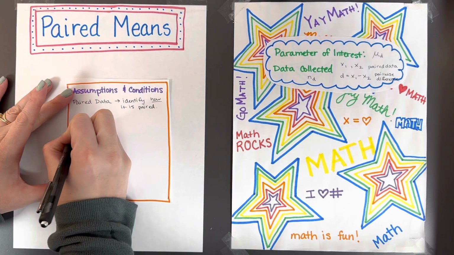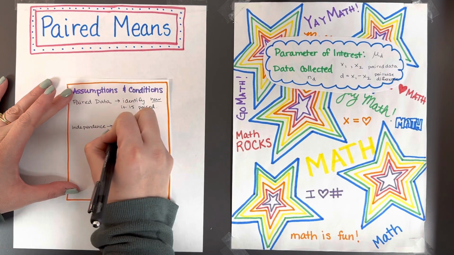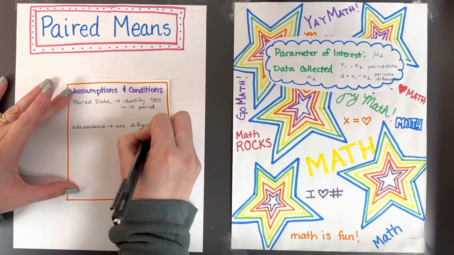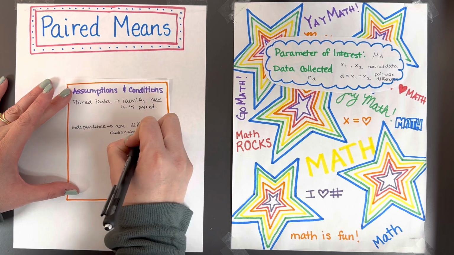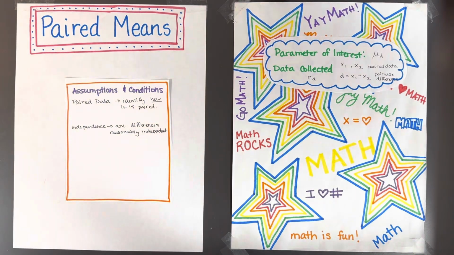Then we need independence for our observations. Are the differences reasonably independent? Here we are looking at whether the individual observations in x1 are independent of each other and the individual observations in x2, but we're really looking at these differences because they're paired data.